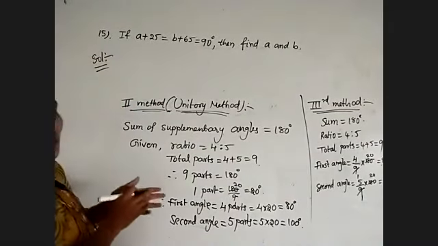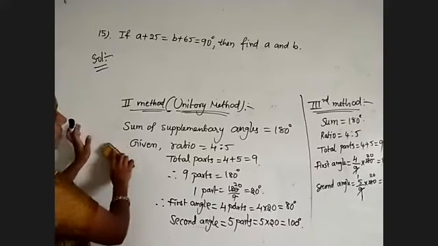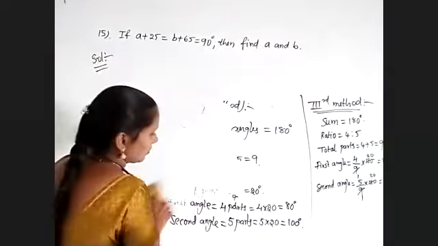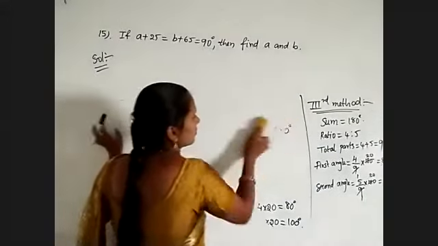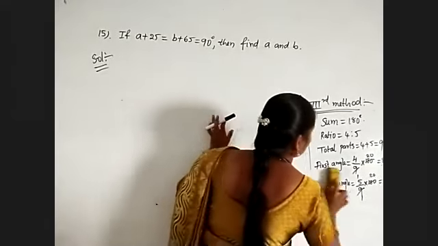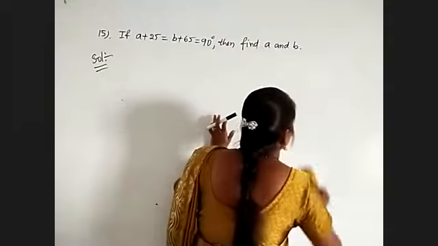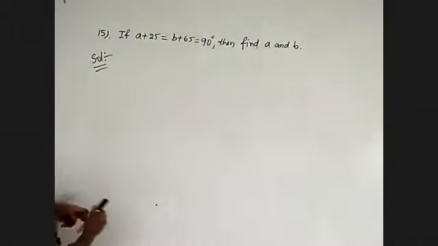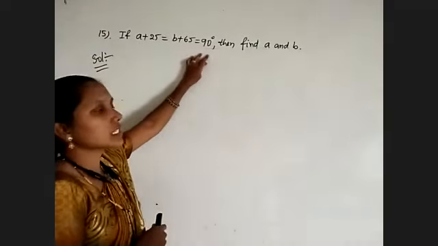Okay, observe the next question. Observe the question: A plus 25 is equal to B plus 65 is equal to 90, given.